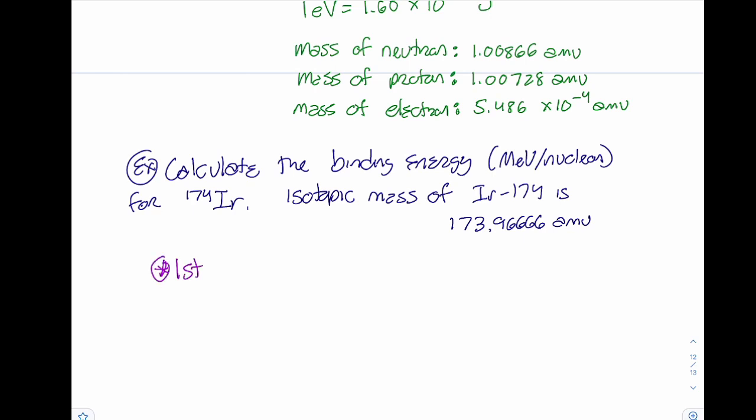First, calculate the mass of the nucleons. Essentially we're going to look at how many protons we have and how many neutrons we have, multiply them by their corresponding mass, and add it together. So I do need my atomic number. Find Ir in the periodic table. It has an atomic number of 77.